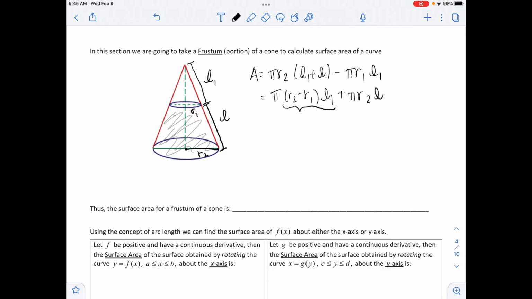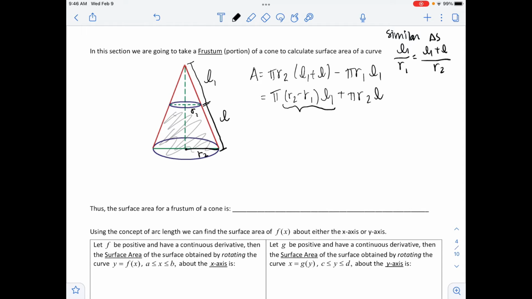In order to do that, I'm going to think about similar triangles. I'm going to look at L1 over R1 for the smaller cone, or smaller triangle if you want to think of it like that. And then for the larger one, that slant length is going to be L1 plus L all over R2.